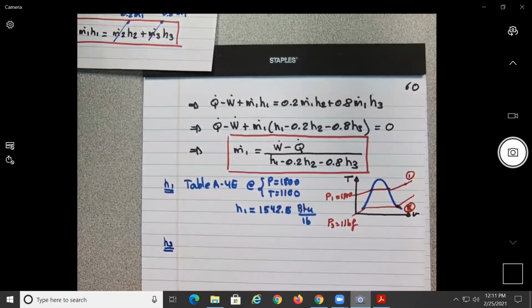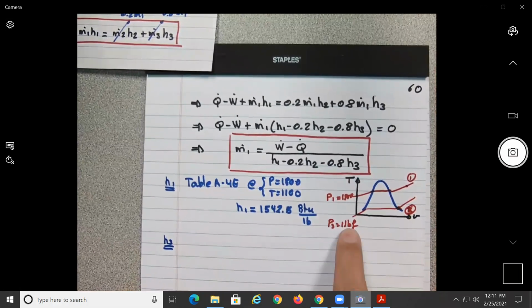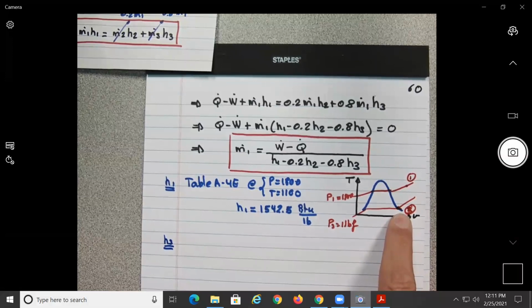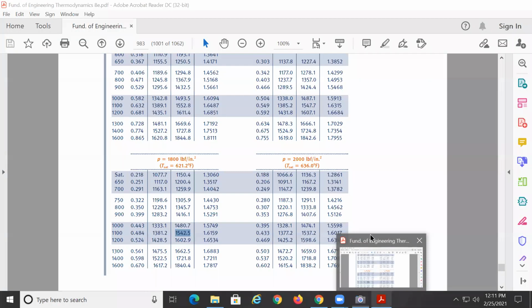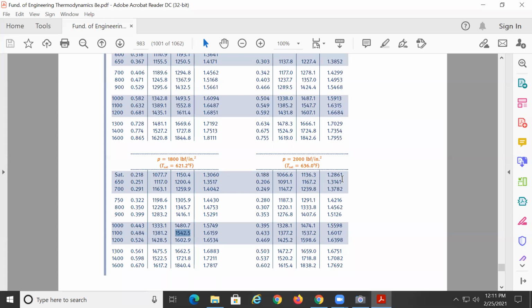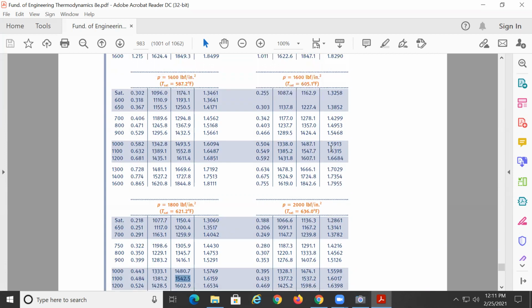So for H2, we know the pressure, and we know this is saturated, no? So we can probably get that value from 2 tables, but I guess the best one would be table A3E. Could we get it from this one? Maybe, I don't know. What is it? 1 LBF.